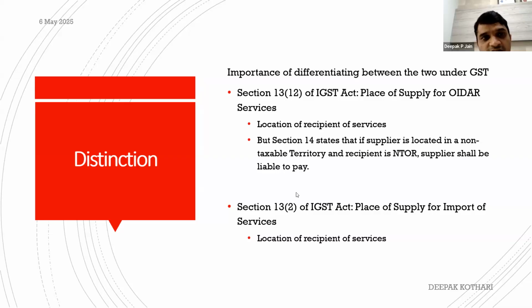And by virtue of section 7 on import of services, tax is payable, and it falls under the reverse charge definitions. All import of services will fall under the reverse charge by virtue of notification number 10 of the IGST Act. So on all import of services, the recipient will have to pay the tax.